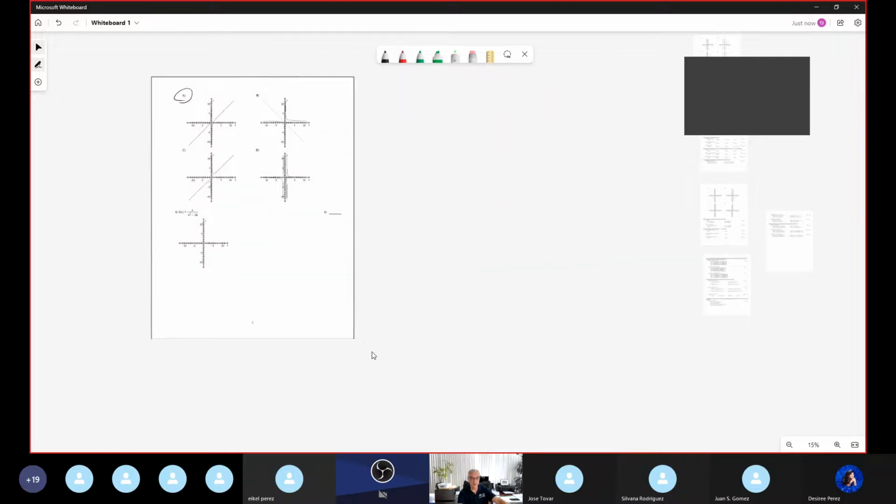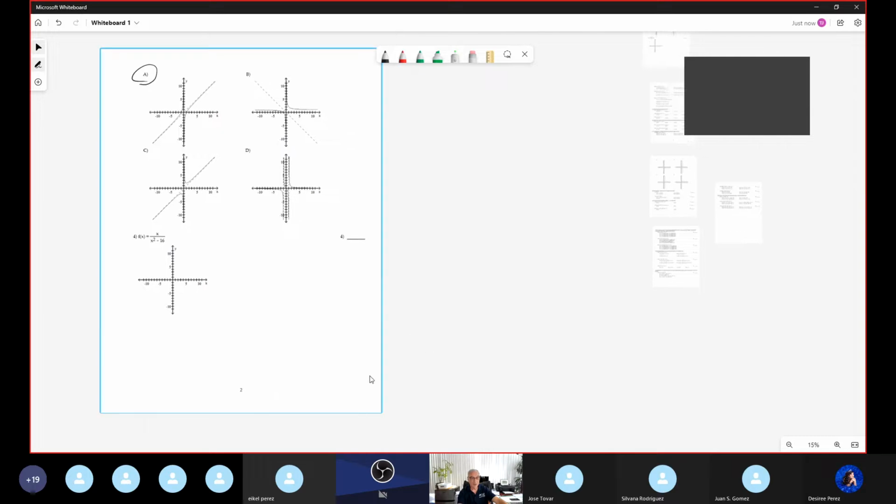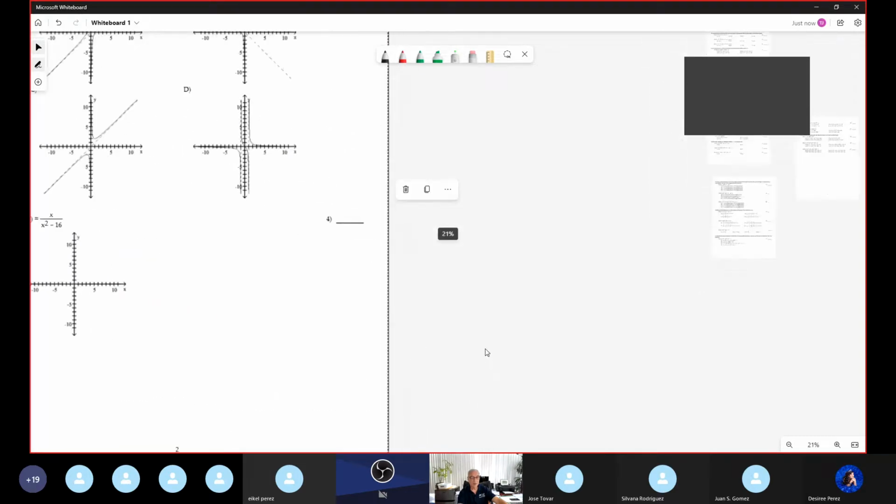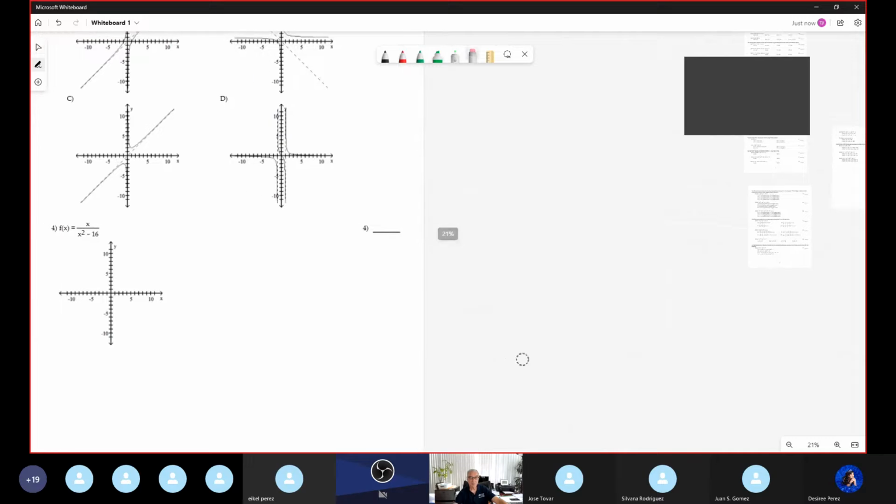On page 2 we have another one. I want to copy it now in detail. Let me zoom to see more clearly. It's question 4, no? We're doing number 4. F of x is equal to x over x to the second power minus 15. Wow.